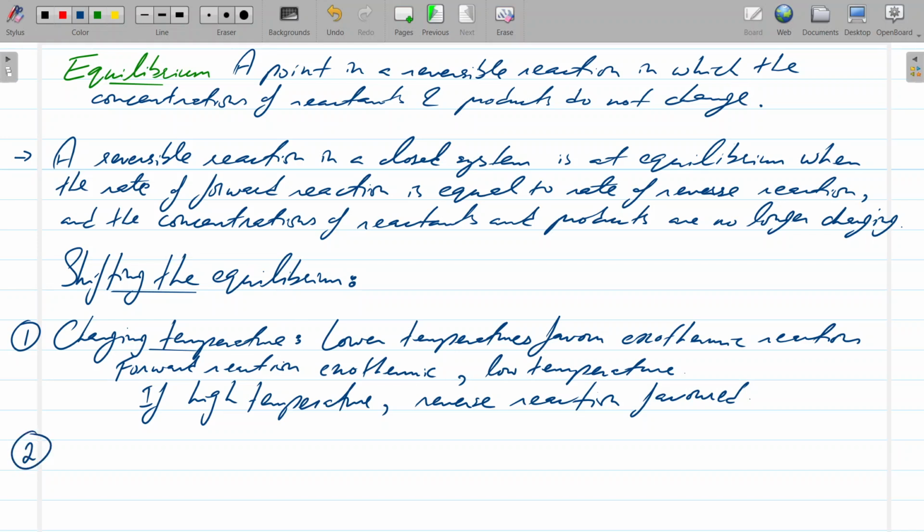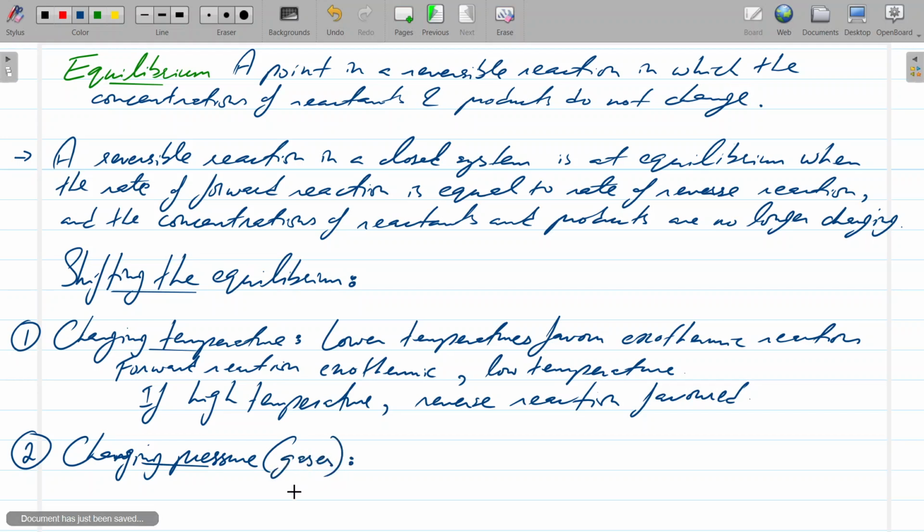Second, you have changing the pressure. So if it's exothermic, there will be low pressure. Oh no, this does not have anything to do with exothermic. Okay. So changing pressure, for gases. So if you increase the pressure of a system, remember, for gases, increasing the pressure increases the rate of reaction.